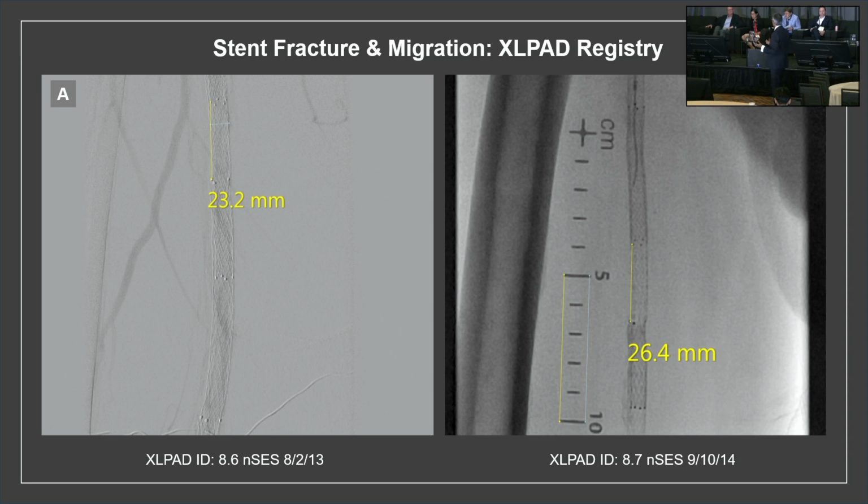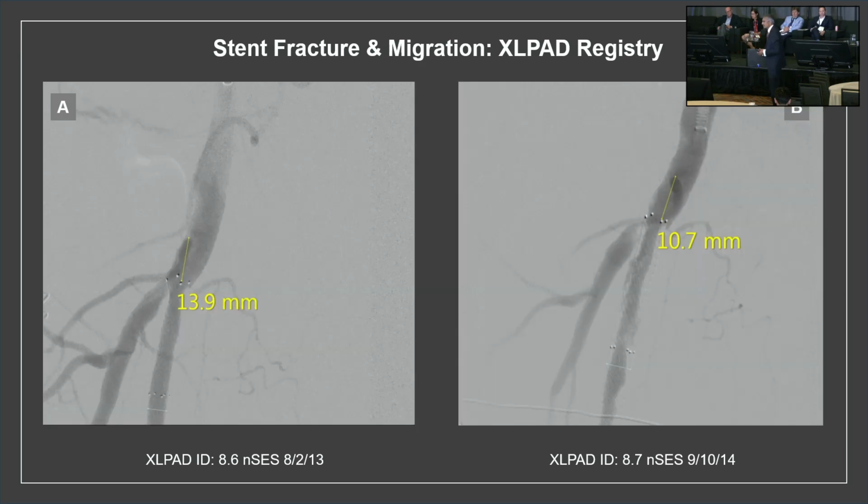I don't want to detail all the history, but these are old stents with multiple stents placed within stents. And I think the mechanism here with IVUS was that the previous stent was less expanded. So when you put a second stent, there are areas of apposition and areas of complete malapposition that can facilitate migration and movement of stents. And you can see the distance that stent has moved is quite remarkable.